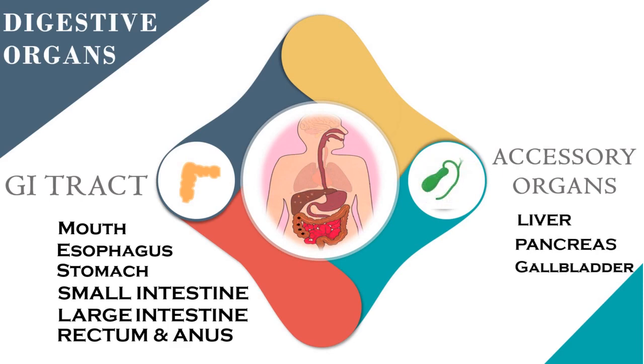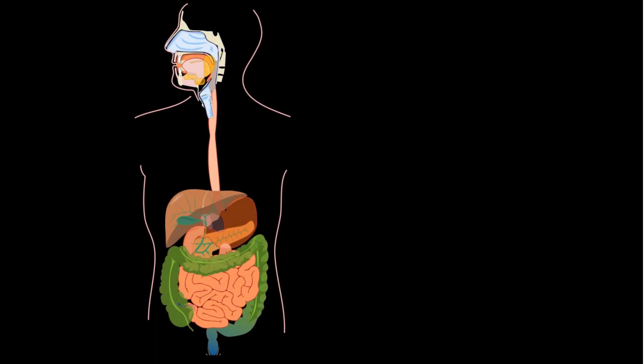Now we shall see where these organs are located. Here is your mouth, including your teeth and tongue. Now you have your esophagus. From the esophagus, it will lead to the stomach and then to your small intestine. Then comes your large intestine.